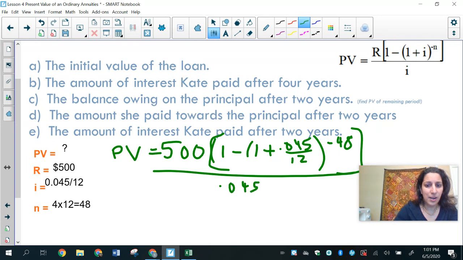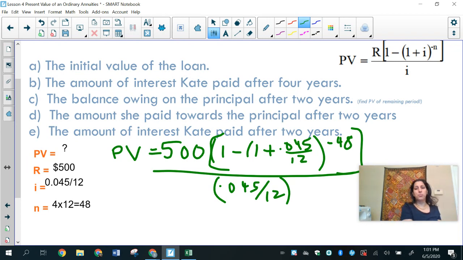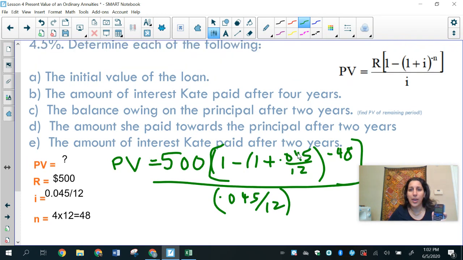0.045. And then I'm going to use brackets because in my calculator, I really want to make sure. So please pause the video if you need to and try the BEDMAS steps I showed you earlier. Do this part first: 0.045 divided by 12, get a number. Add it to 1, get a number. Oh, wait.